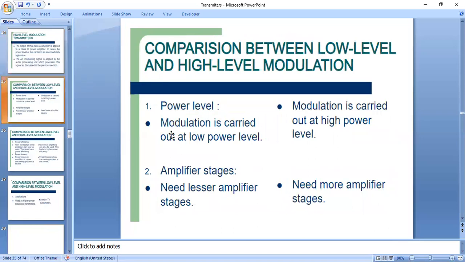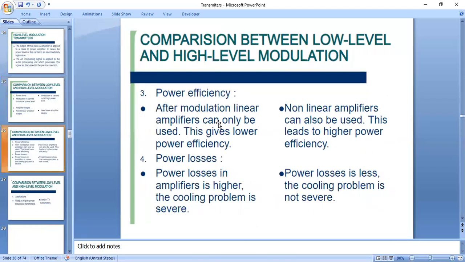So you may observe these are the differences. Here the modulation is carried out at low power level, and here the modulation takes place at high power level. Here the amplifier uses fewer amplifier stages, and here it uses more amplifier stages. And when compared to the high level modulation, the power efficiency of low level is very low, and that of high level is very high. And the power losses: in power amplifiers, the power losses are high.